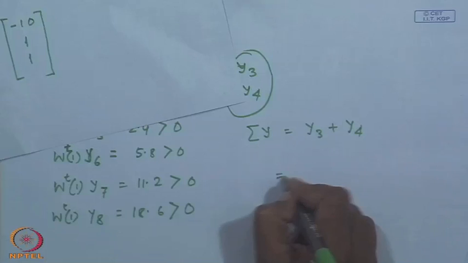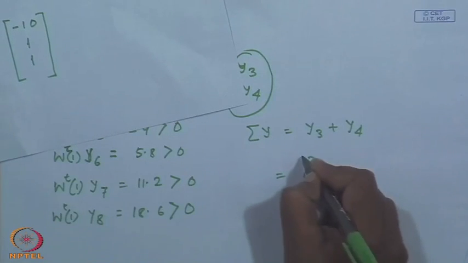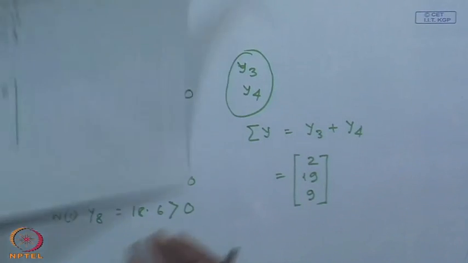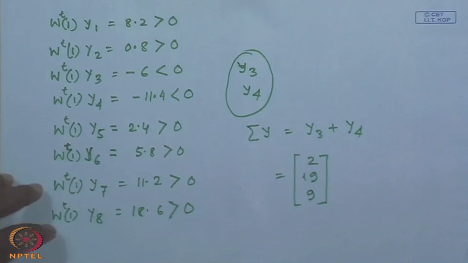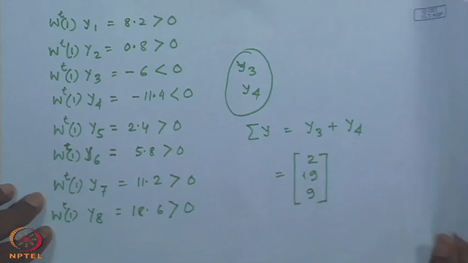So, W2, that is the weight vector to be used at the next level of iteration, is nothing but W1 plus eta times the sum of y, or y3 plus y4.